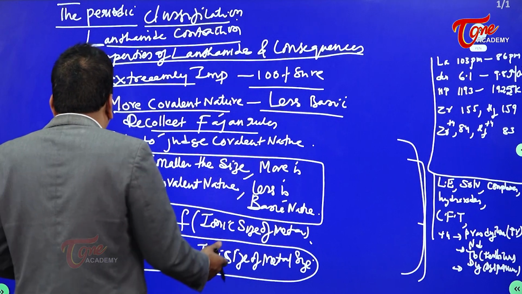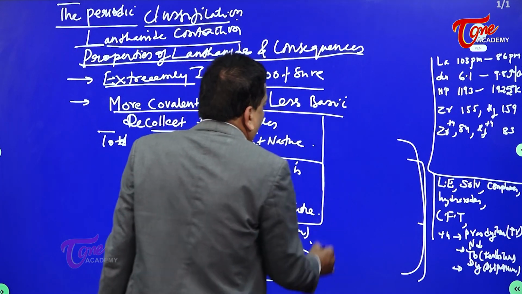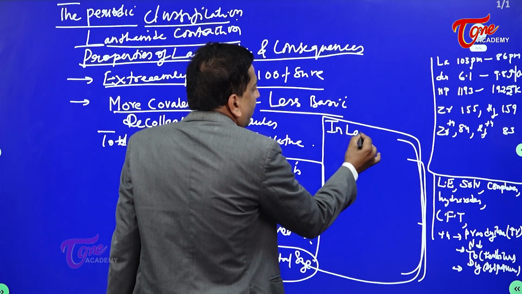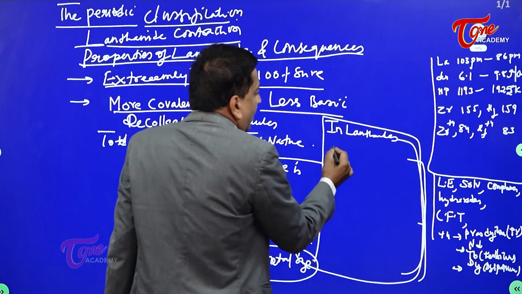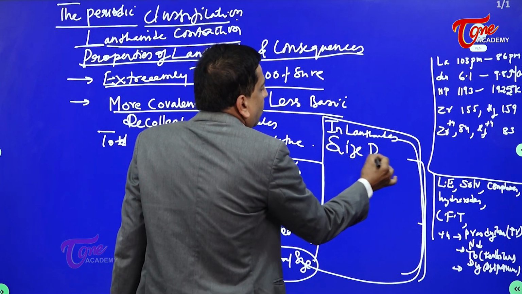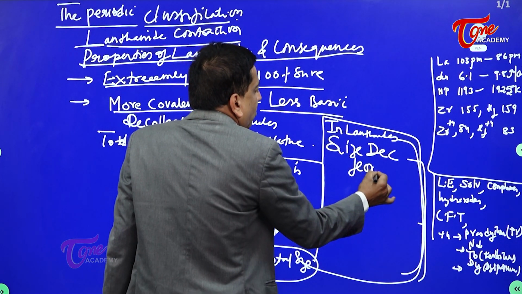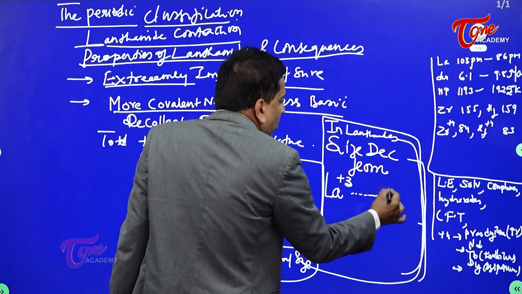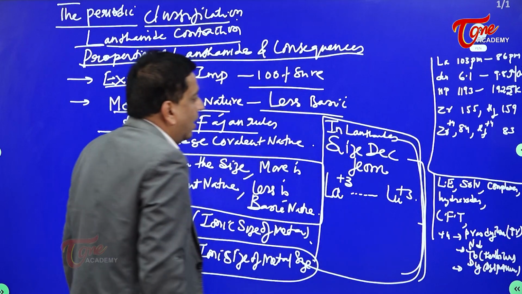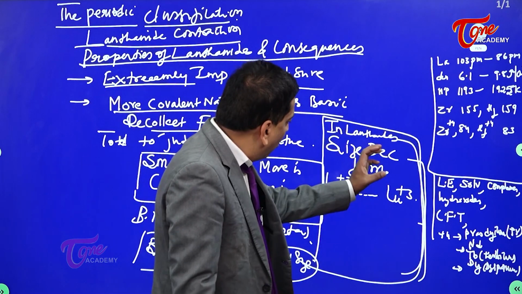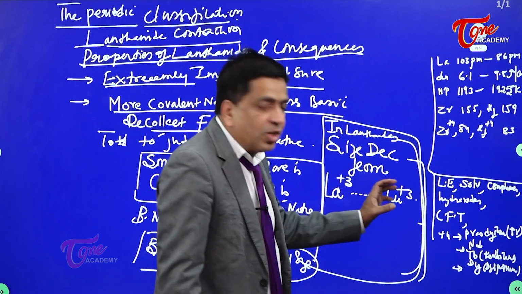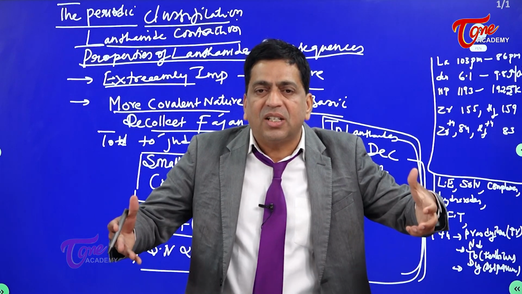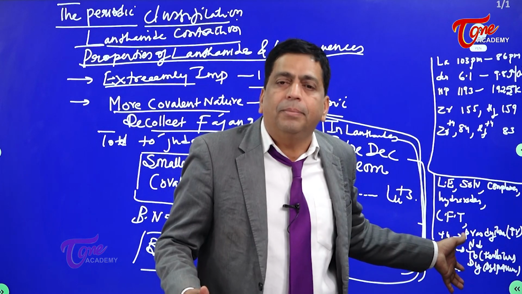If this is the case, well, recollect then, in lanthanides, size decreases from lanthanum plus 3 to lutetium plus 3. The size is basically decreasing from lanthanum plus 3 to lutetium plus 3 because of the lanthanide contraction. So the biggest size is possessed by lanthanum.